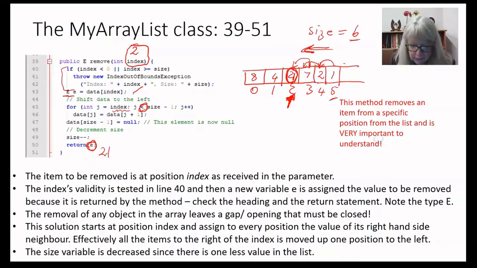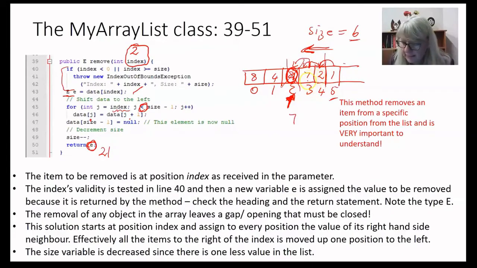Okay. So what are we doing? We are replacing the current position with its next door neighbor. So we replace the 21 by a 7. We move on.